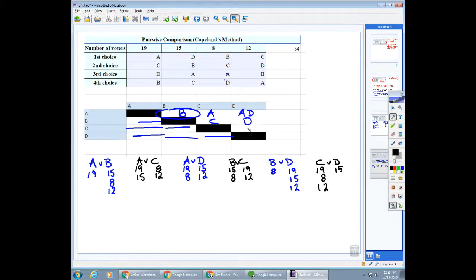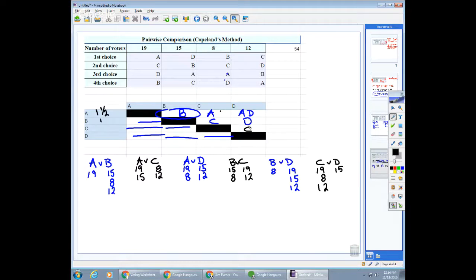Okay, so then we look at their point totals here. How many times do we see them in here? I see A here, but A split that one as a tie, so that's 1.5.